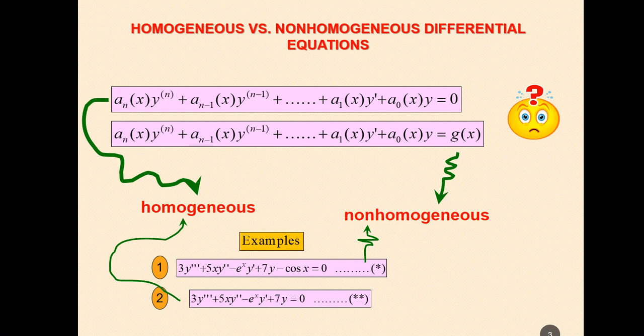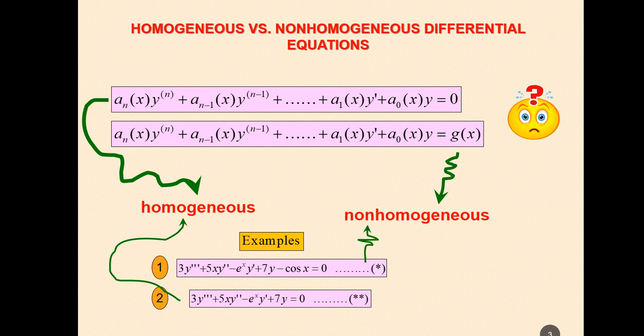If you know your differential equation already, or if you're able to classify your higher order differential equation into homogeneous or non-homogeneous, you can already proceed with the procedure that is appropriate for such classification.